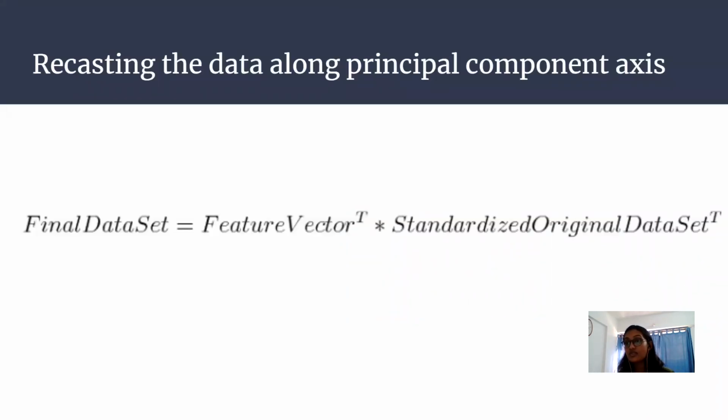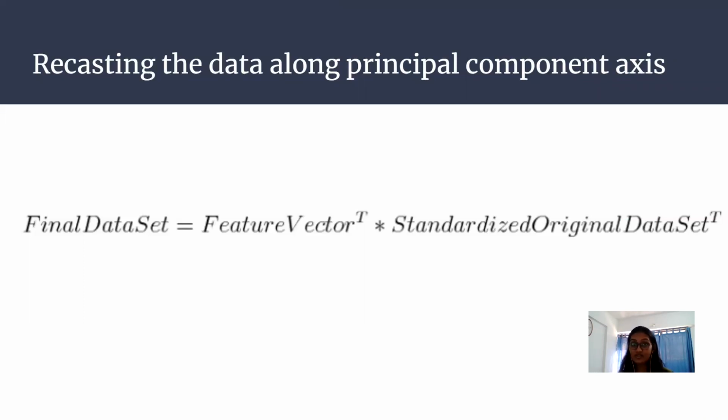The next step that we have to do is to arrange all these eigenvectors in descending order. The eigenvector with the highest eigenvalue is the most significant and thus forms the first principal component. The principal components of lesser significance can thus be removed in order to reduce the dimensions of the data.